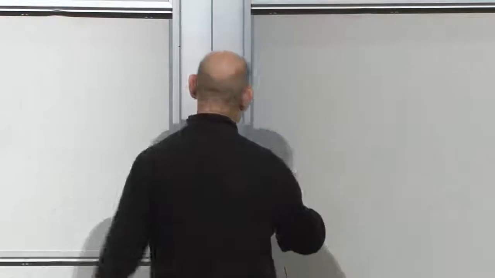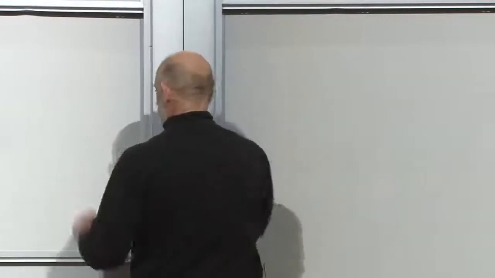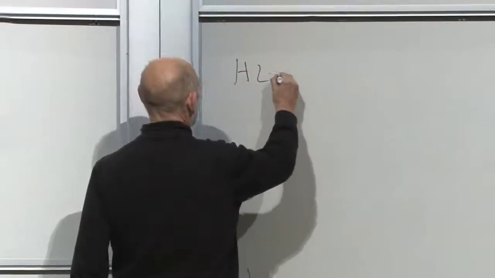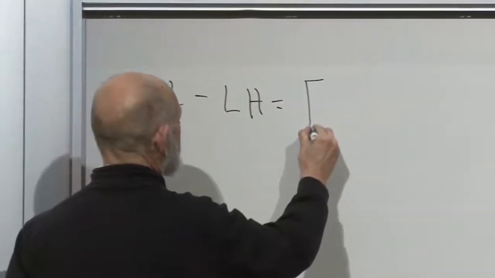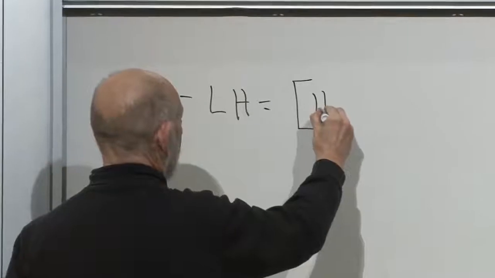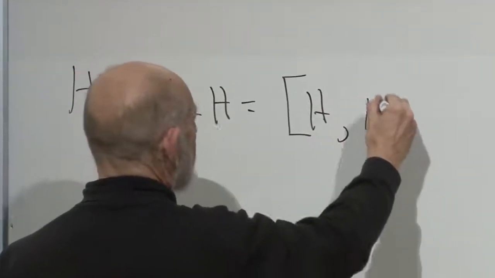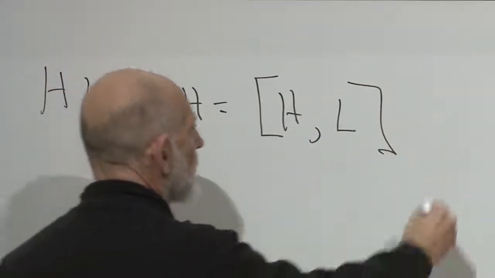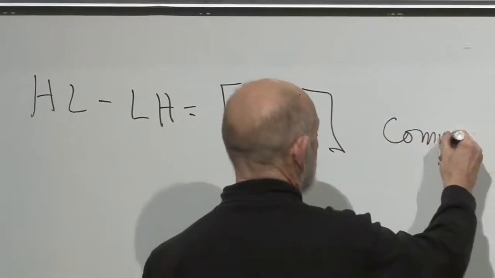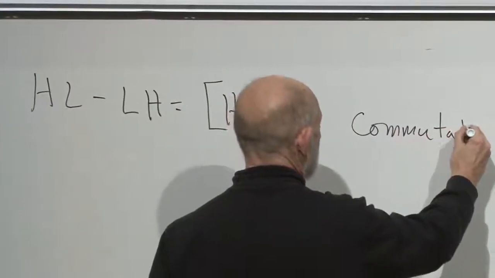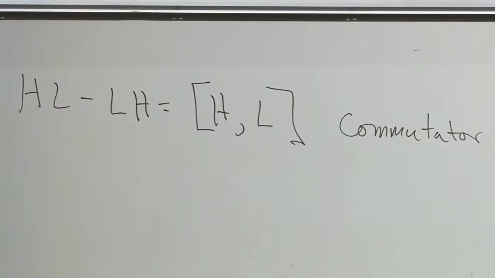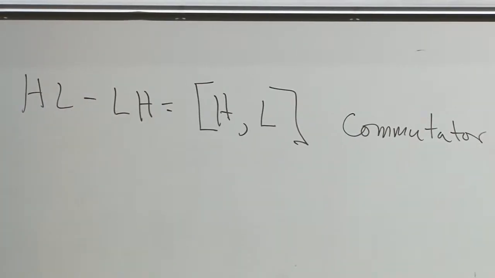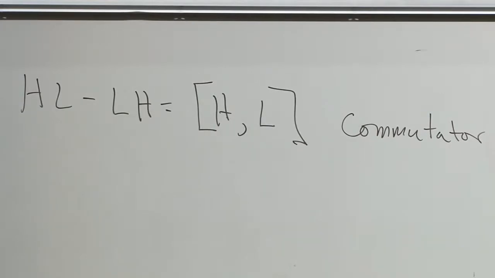Well, they could be just H and L. The combination HL minus LH is written with a square bracket, H comma L, and it's called the commutator. Commuting has something to do with passing freely between each other. Exactly what it has to do with taking the subway in New York, I don't know.